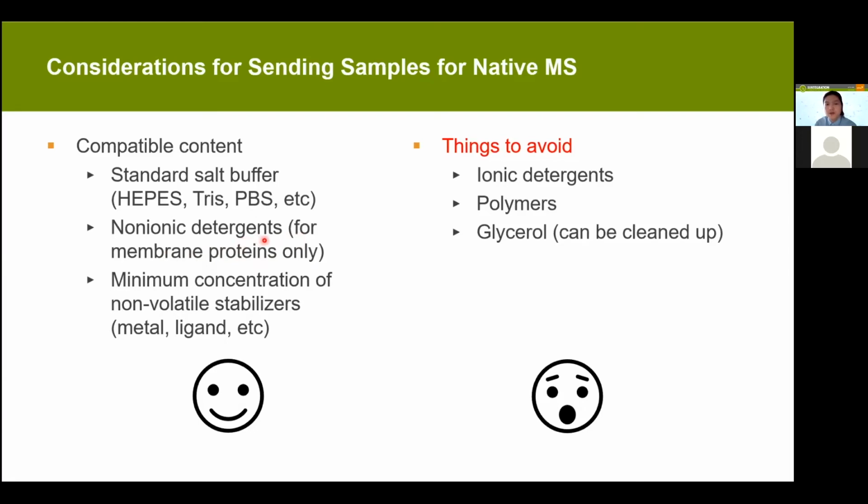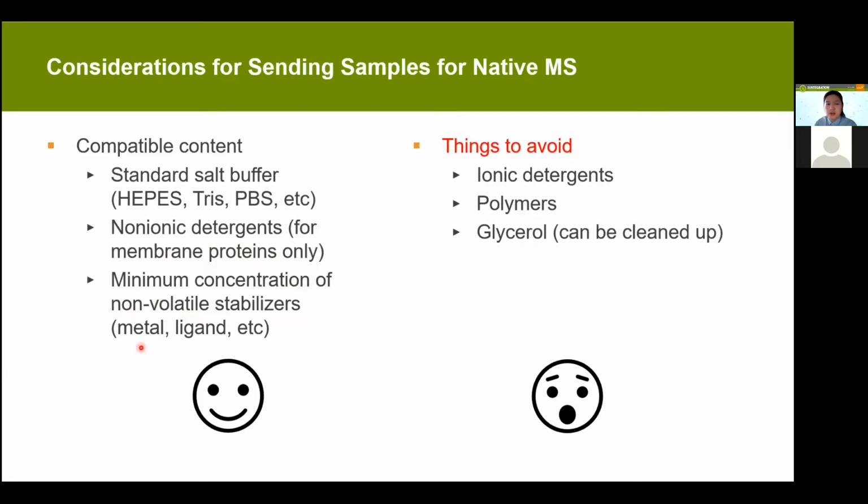But if you don't need the detergent, I would recommend not to add any detergent, because if it's concentrated enough, you have those micelles, and they are actually a bigger size in the same range of the proteins, and they will be harder to remove. And try to minimize concentration for any other stabilizers.